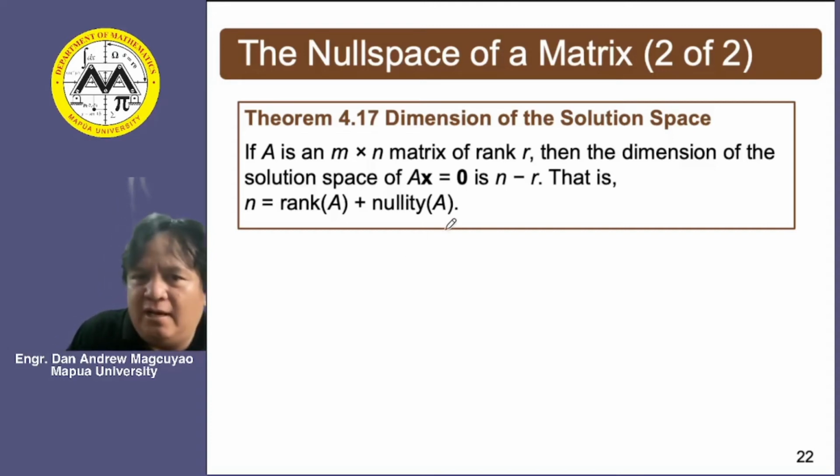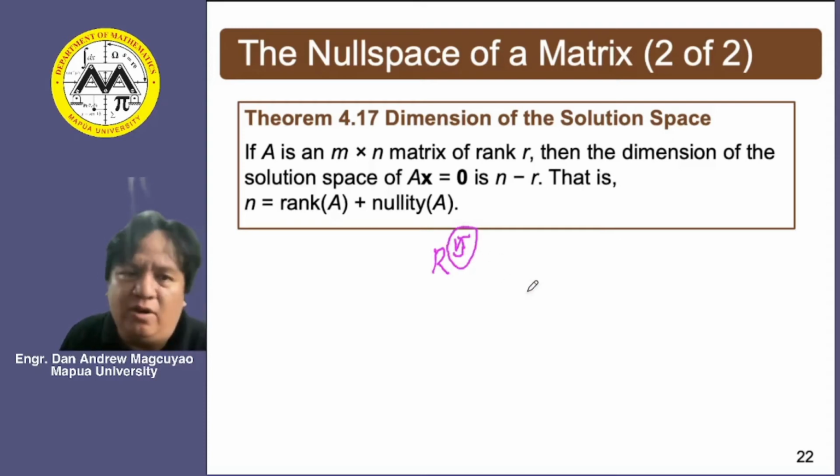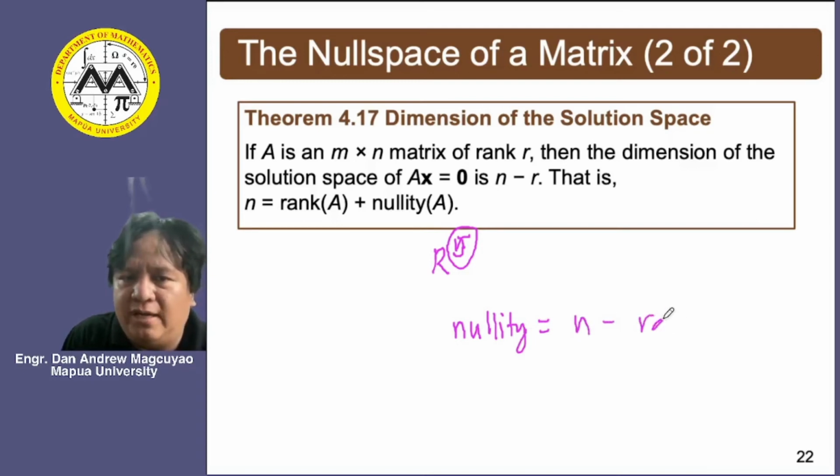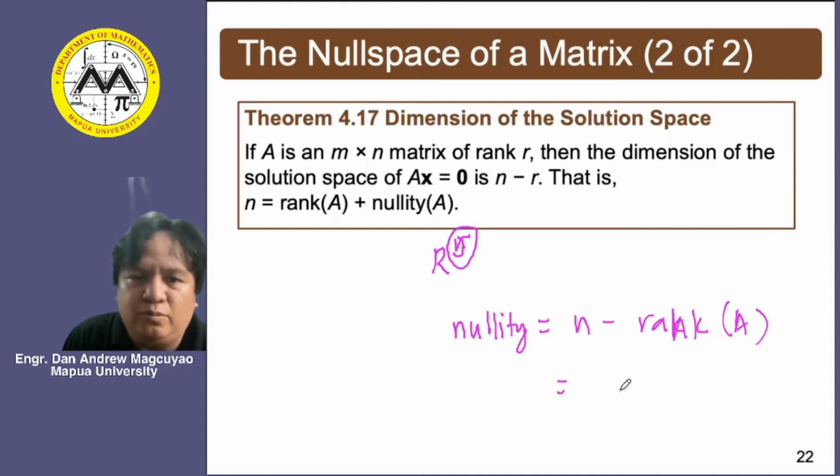If it is a vector in R raised to 5, there would be 5 components on the vector. So the nullity is equal to n minus rank of A. In that case, 5 minus rank of A.